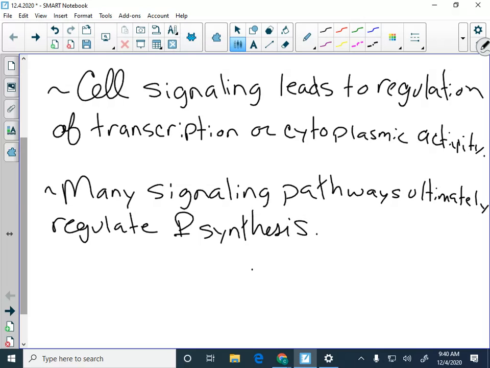Many signaling pathways ultimately lead to the regulation of protein synthesis by turning genes on or off.